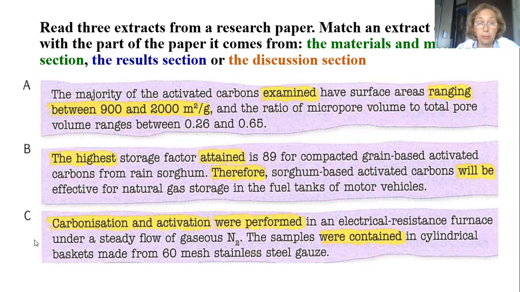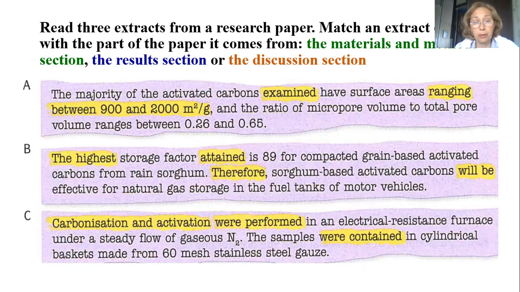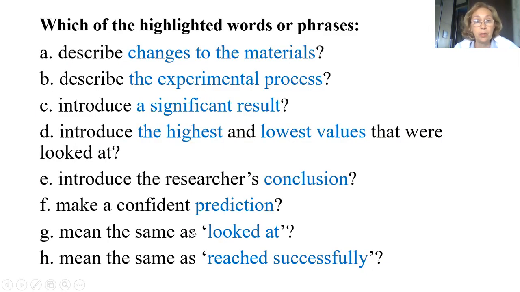This is the phrase, by carbonization, and this is the change. Changes to the material, when the material is subjected to carbonization, activation. So, yes, we are not specialists in chemistry, but okay.